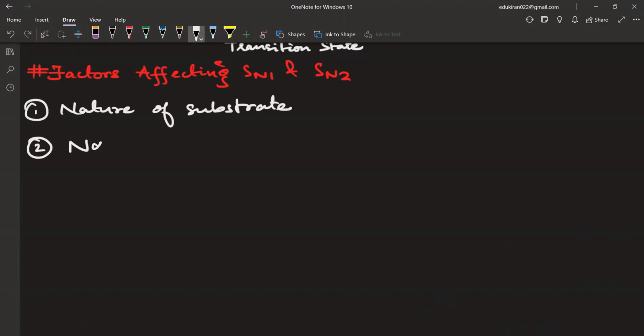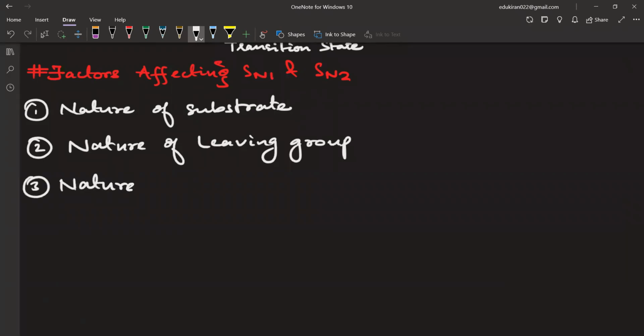secondly, we'll be looking at the nature of leaving group, thirdly, we'll be looking at the nature of solvent.